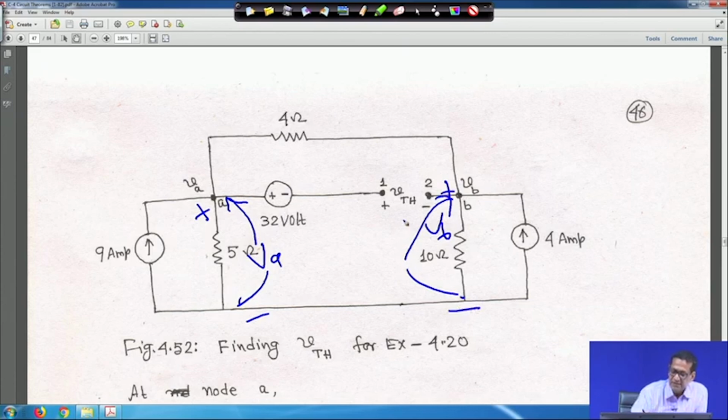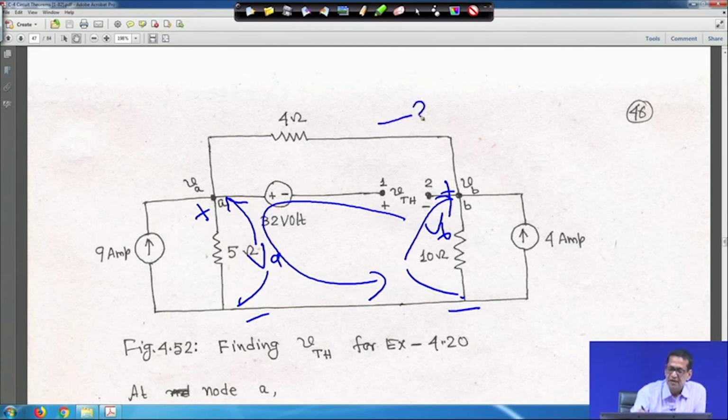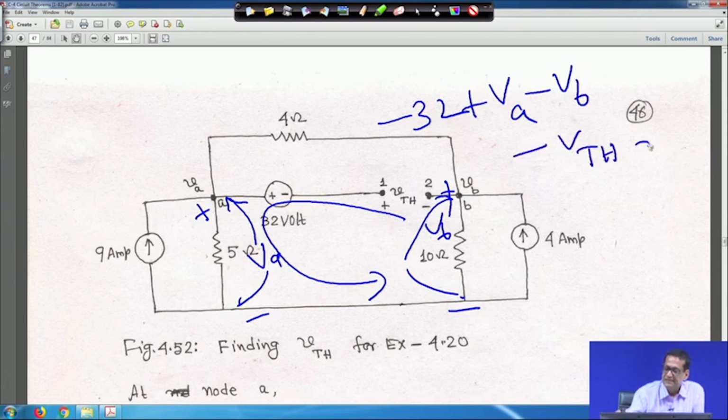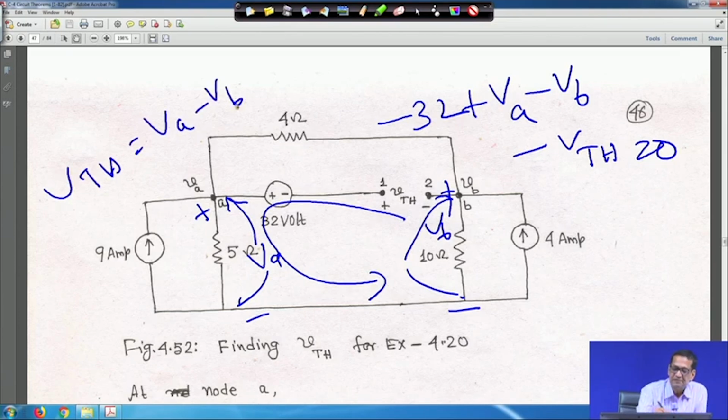If we apply KVL in this mesh and move like this, it will be minus 32, because the minus terminal comes first, plus V A, then minus V B, and minus V Thevenin is equal to 0. That means V Thevenin is equal to V A minus V B minus 32.